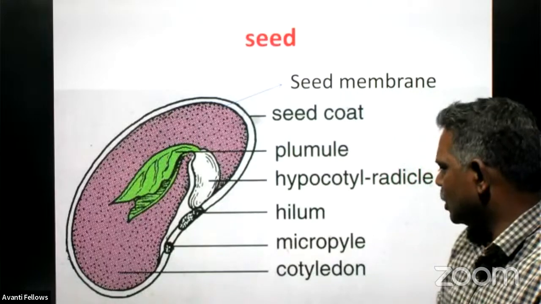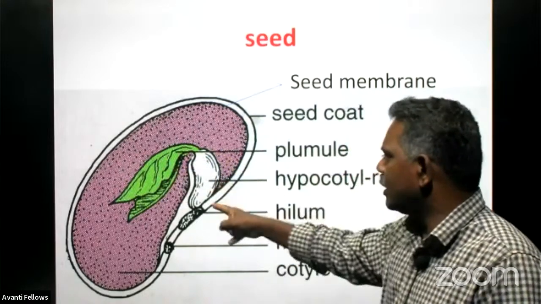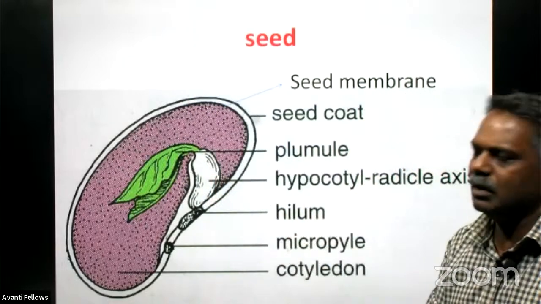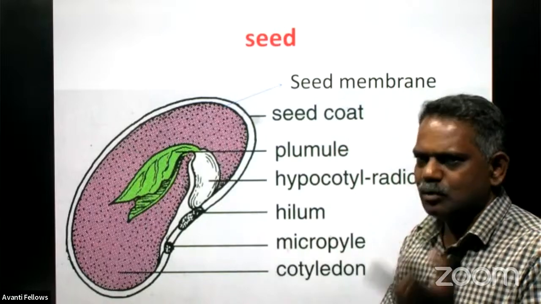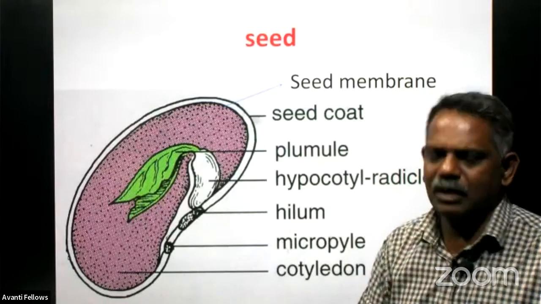This food stored in the cotyledon is utilized by the plumule and radicle to develop into the shoot system as well as the root system. In the case of dicot plants, we can find two cotyledons, whereas in monocots, only a single cotyledon.